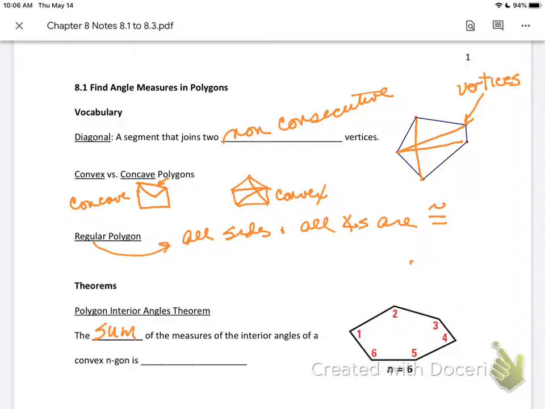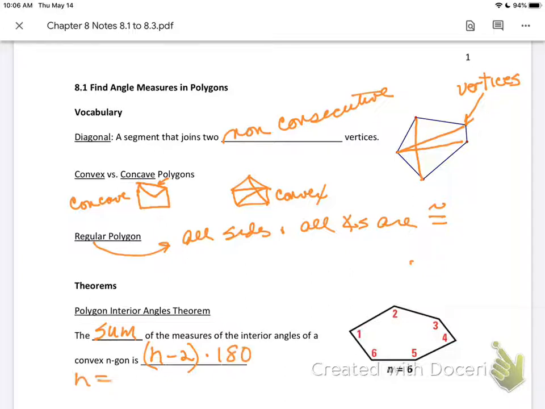So the sum of all the measures of the interior angles of a convex n-gon, meaning any sided polygon that you can think of, is n minus 2 times 180.